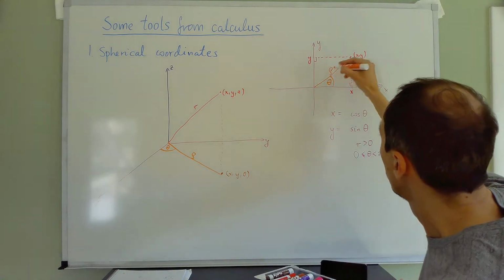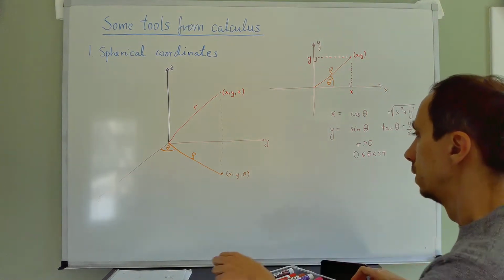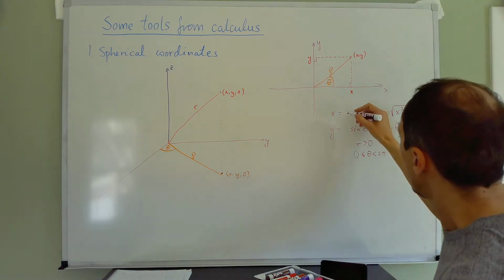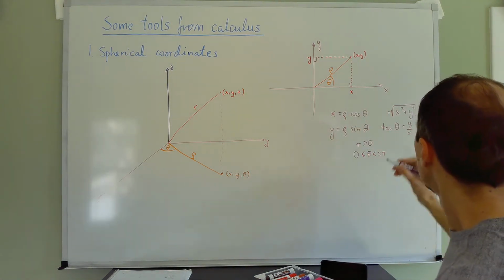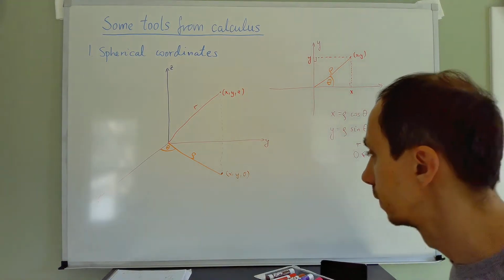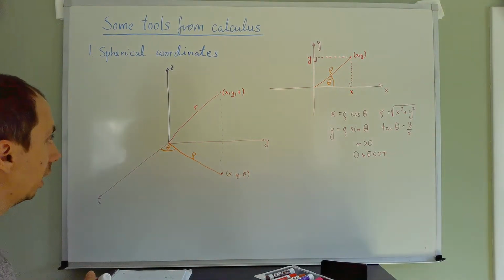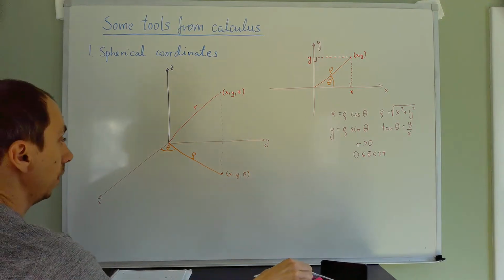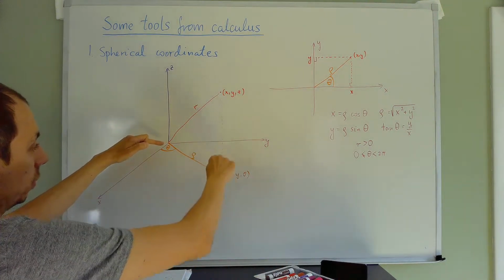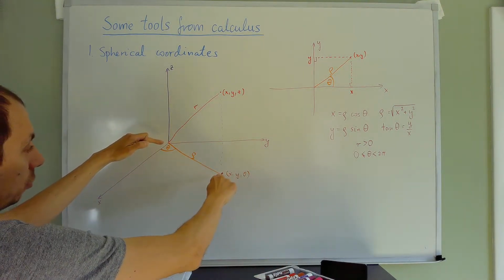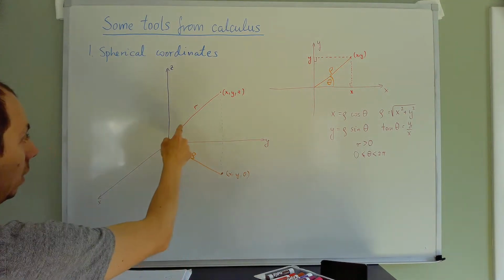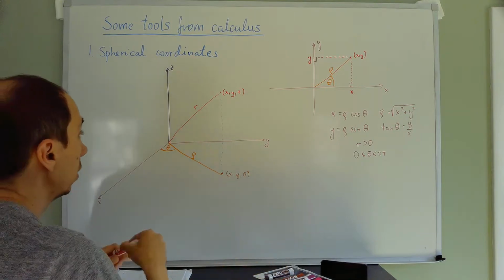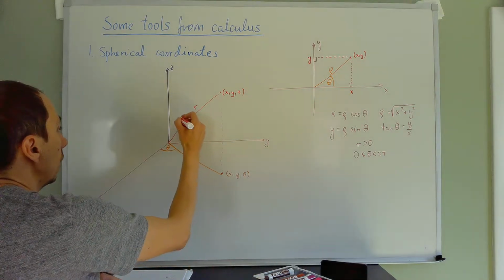So this is a rho here, and this is rho, rho, and rho. What you need to know about this point is how it projects down onto this plane. That will give you two of these coordinates, and then the third one would be this angle here, which we call phi.